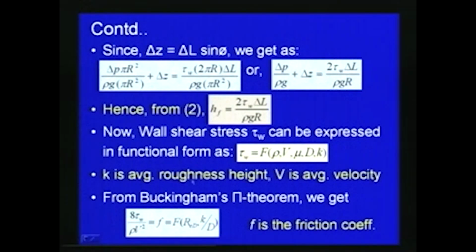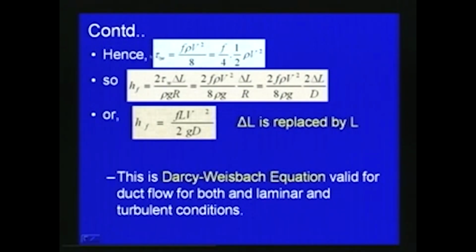Now we can put this back with respect to tau w to obtain an expression for the head loss due to friction hf. Hence tau w is equal to f rho v square by 8, which can be written as f by 4 into half rho v square.